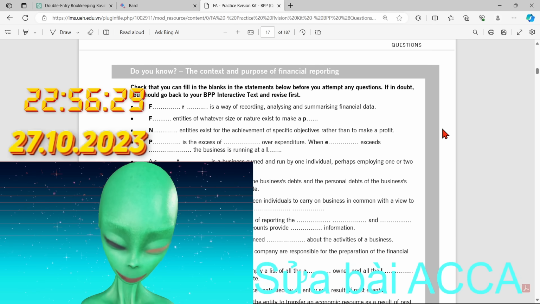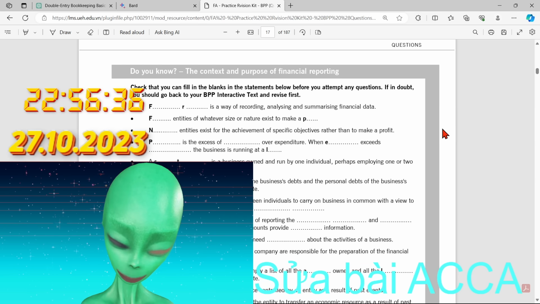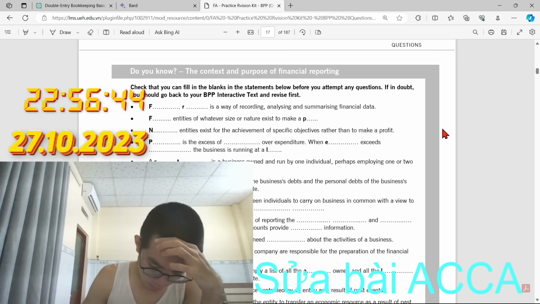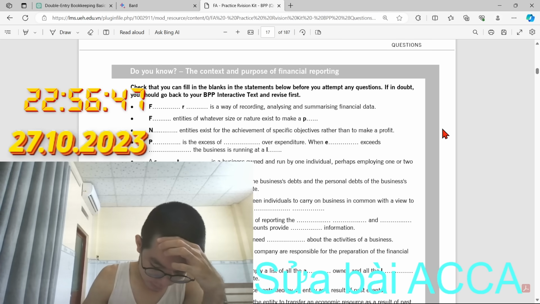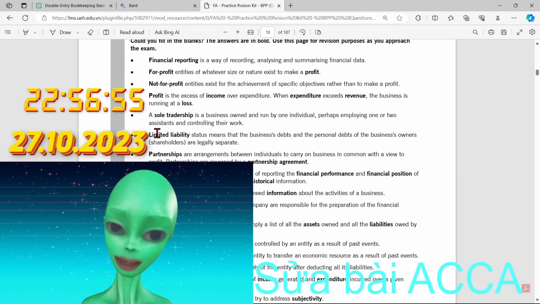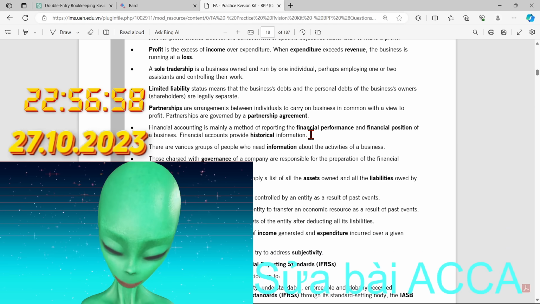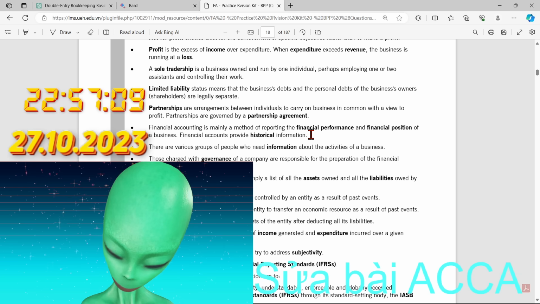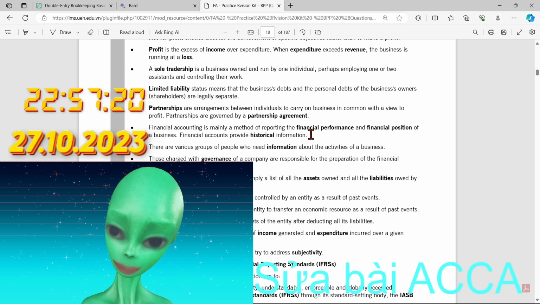Limited liability status means that the business debt and the personal debt of the business owners, the shareholders, are legally separate. A partnership is an arrangement between individuals to carry on a business in common with a view to profit. Partnerships are governed by a partnership agreement.